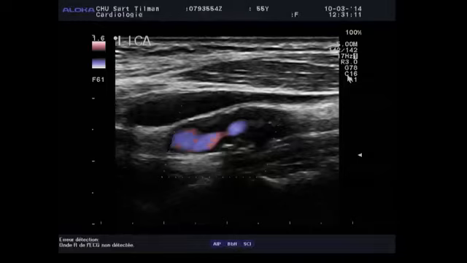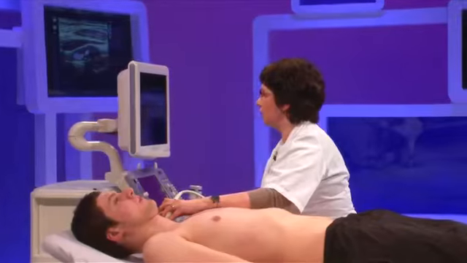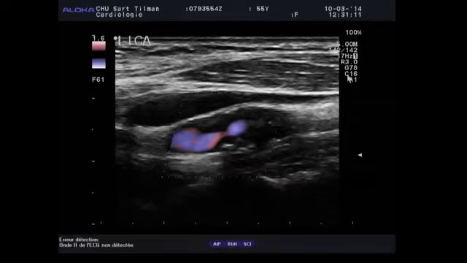For the carotid ratio, you use peak systolic velocity in the internal carotid artery, and you divide it by the peak systolic velocity in the common carotid artery. And then you are more independent of hemodynamic conditions. And usually when it's above 3.7 or 4, it's more than 70% carotid stenosis.